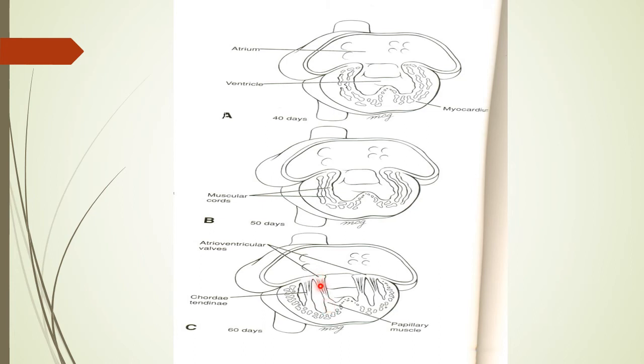They undergo fibrous degeneration and form cord-like structures, which are called chordae tendineae, while the proximal parts of these muscular trabeculae remain muscular and form these pyramidal type of muscles, which are called papillary muscles. We will discuss it again in the development of the heart.